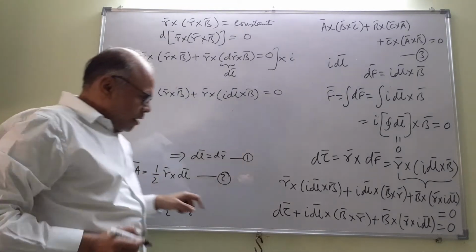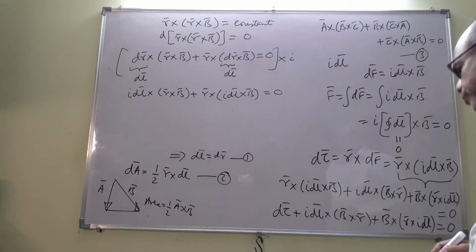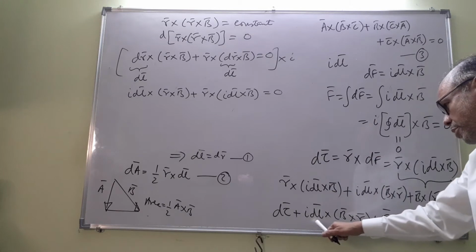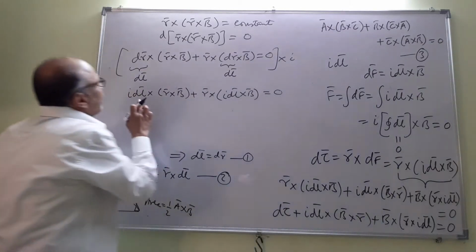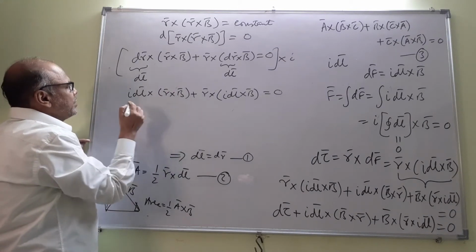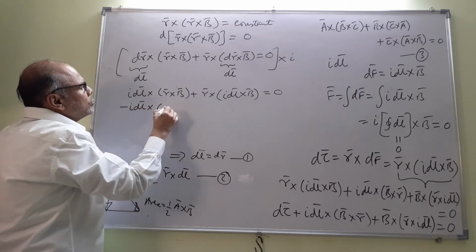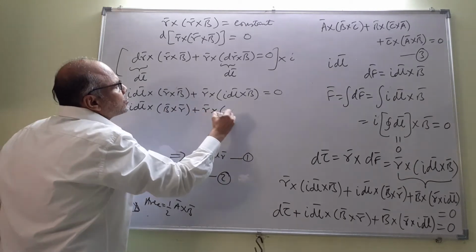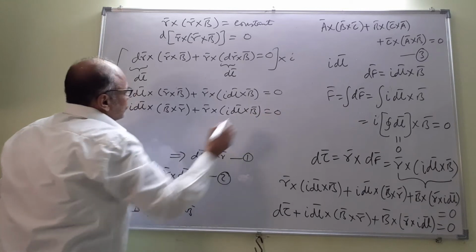Yes? Now come to this equation. We got I dL cross B cross R. Now here I got I dL cross R cross B. So if I interchange B and R, I will get a minus sign. So I will get minus I dL cross B cross R plus R cross I dL cross B equal to 0.